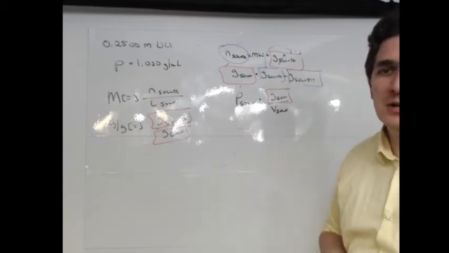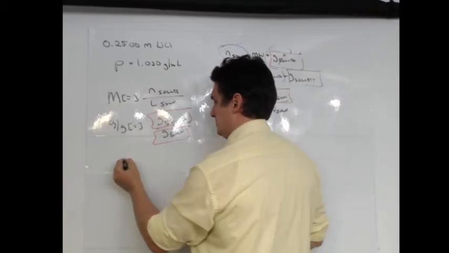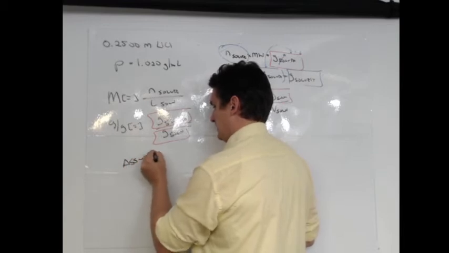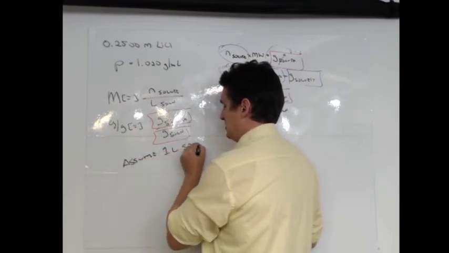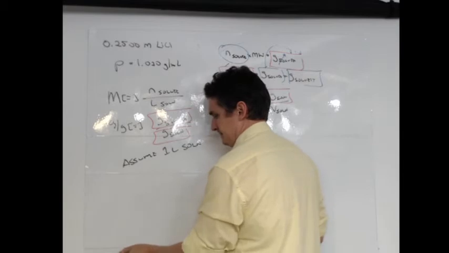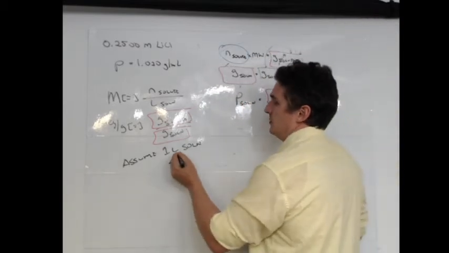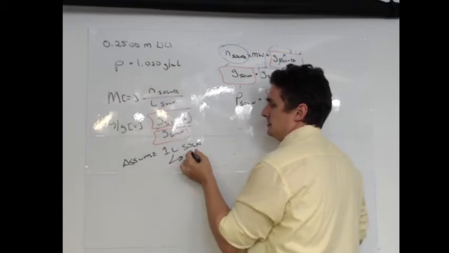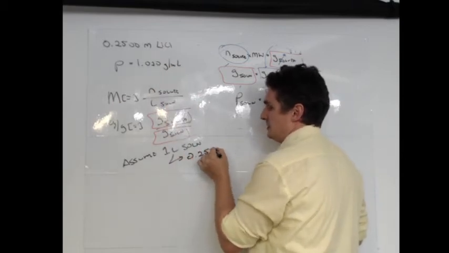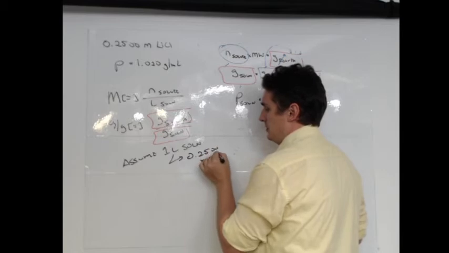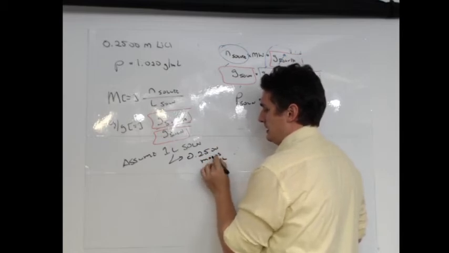Because we are given molarity, we are going to assume 1 liter of solution. Because we have 1 liter of solution, if we multiply the molarity by that volume, we're going to get 0.250 moles of LiCl.